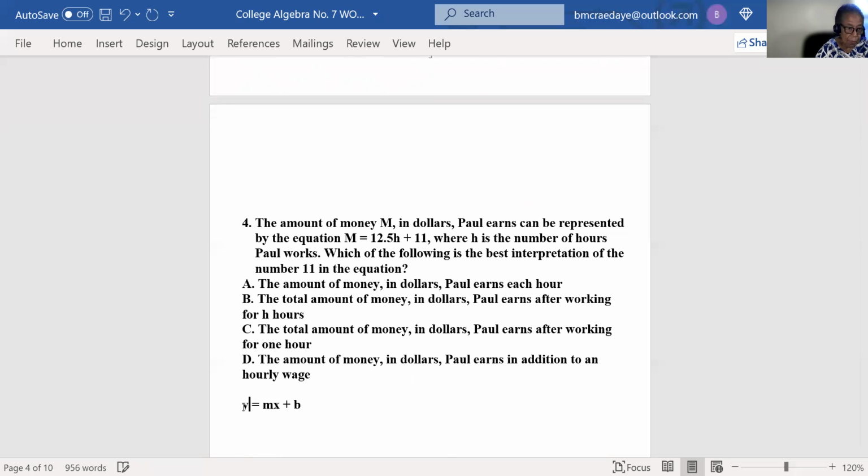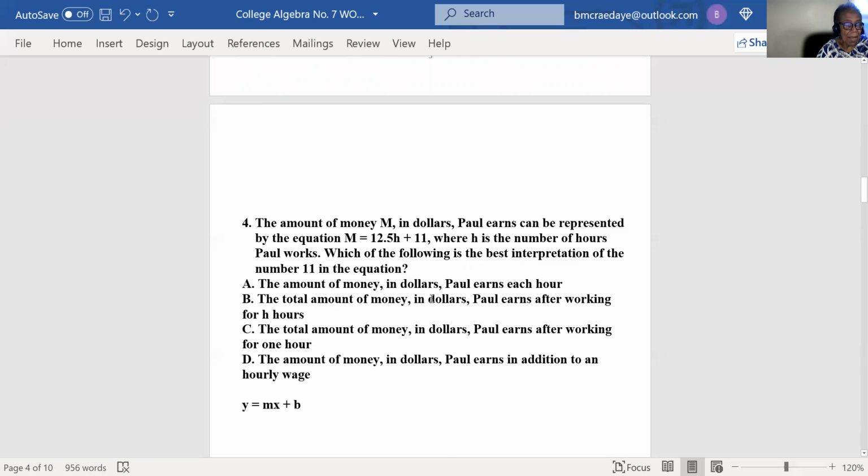Now, the m, which is 12.5 here, that represents how much he gets paid per hour. So A cannot be it because what he gets paid per hour is not 11, it's the 12.5.